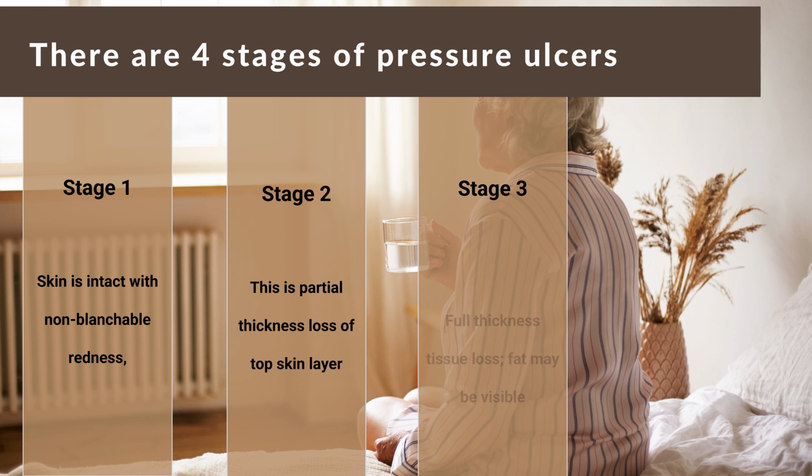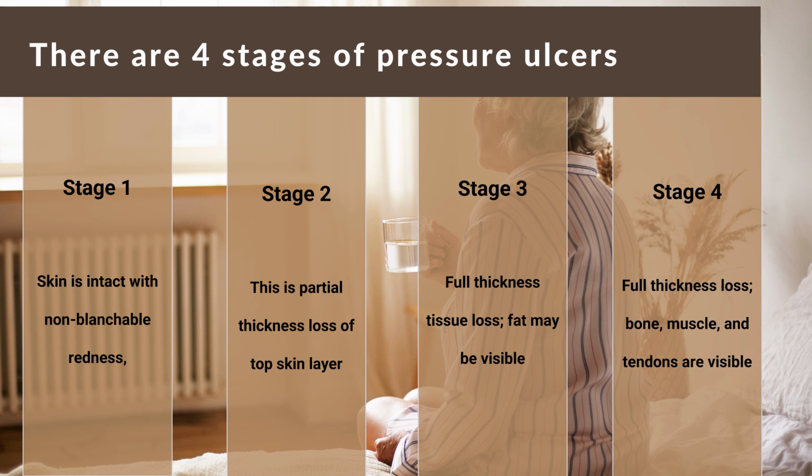Stage 3 is a little bit deeper than stage 2. This is where maybe you now see the fat, and this is full thickness tissue loss. So you can actually see the fatty layer. Stage 4 is the highest one, where now you can see every part, and this includes the bone, the muscle, and the tendons.